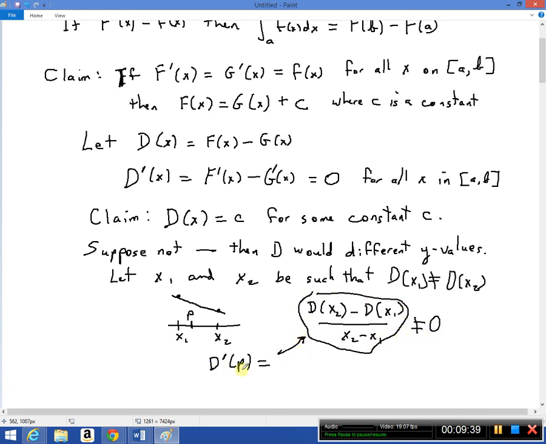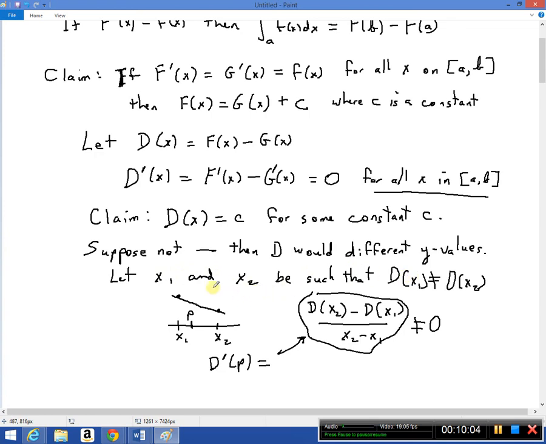But wait a minute, there's something wrong with this picture. You know what's wrong? Remember D was this function whose derivative is equal to 0 for all x in the interval. And here we found a point where the derivative is not 0, because the average rate of change is not 0, because we assumed that there were two different y values for this D function.